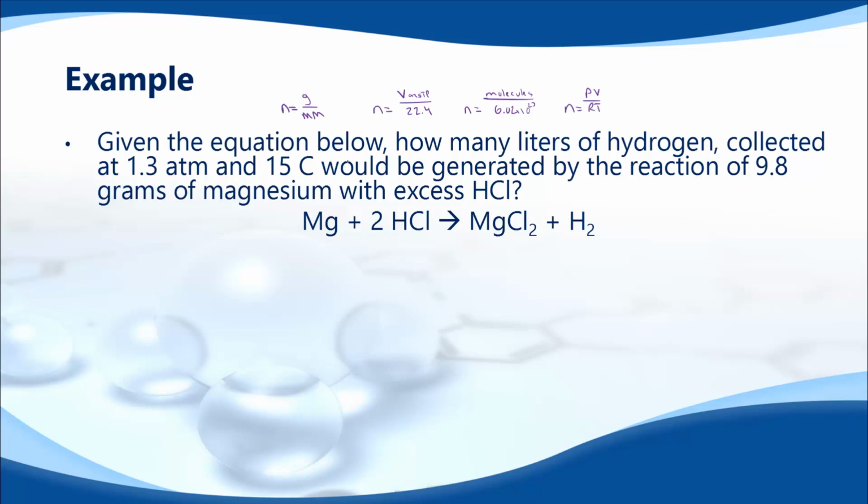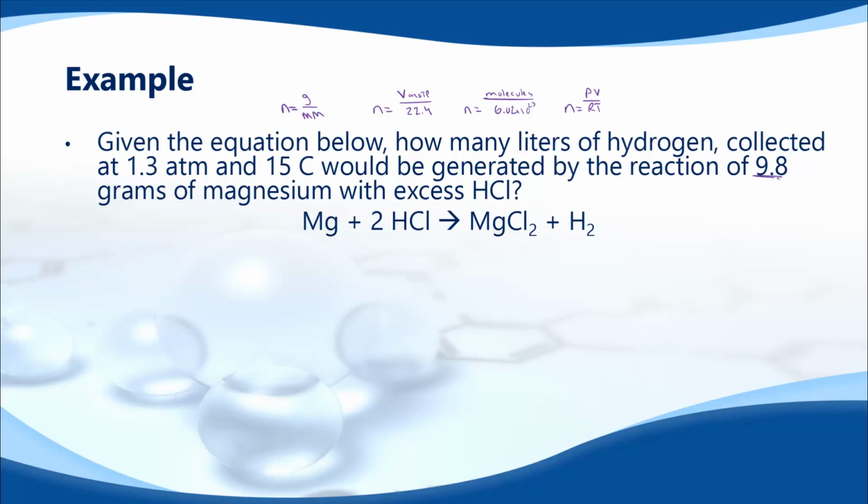So which one can we solve for? Well, here I have atmospheres and Celsius, so pressure and temperature. R is a constant, but I don't know V. So I can't solve for moles using this one. I wasn't given molecules. My gas isn't at standard temperature and pressure, so I can't use this one.